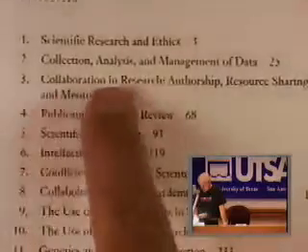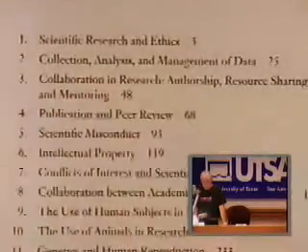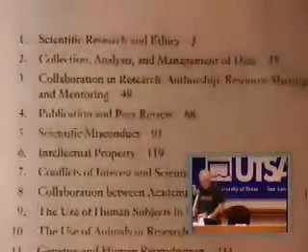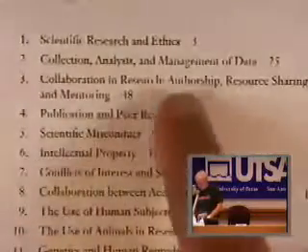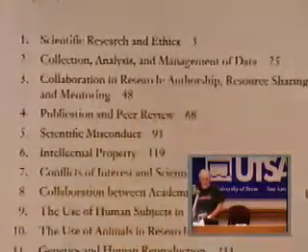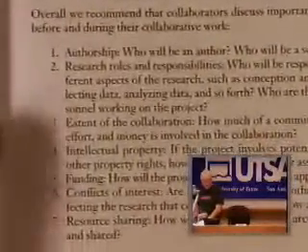I do want to just switch to a page at the end of the chapter on collaboration and research to point out a distinction between the discussion on authorship that we're talking about today and relevant information from the textbook that has something to do with it.